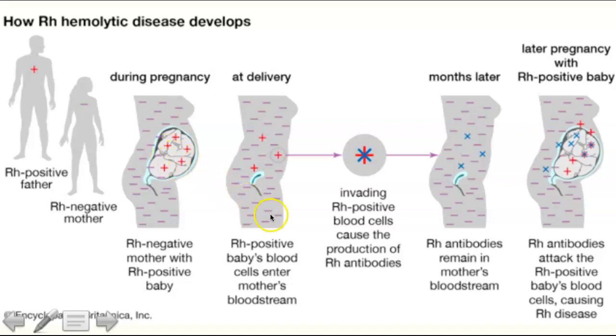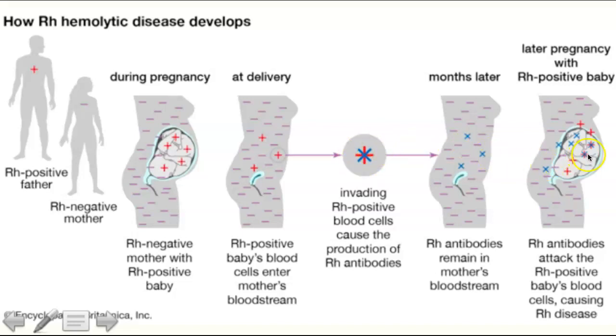However, after delivery, some of that baby's blood and the blood from the placenta is going to enter the mother's bloodstream. So that positive blood is going to cause the mother to develop anti-Rh antibodies in her bloodstream, and they'll stay there.